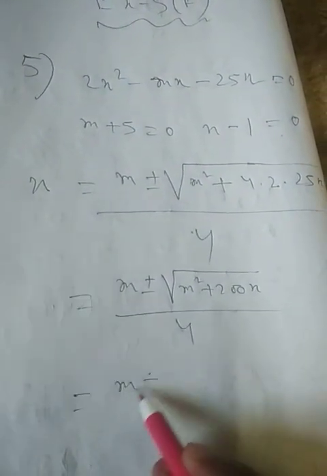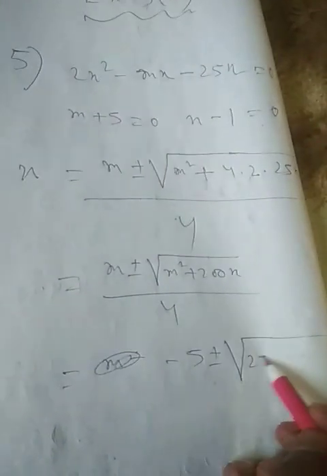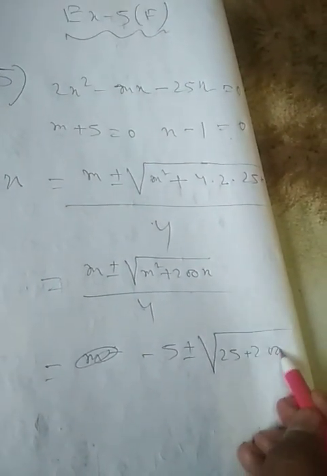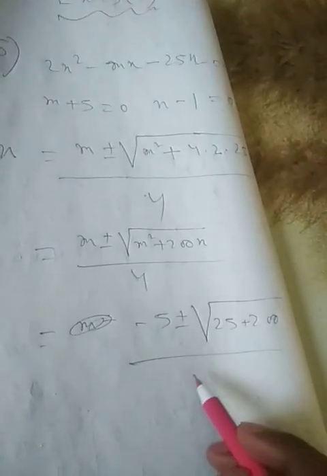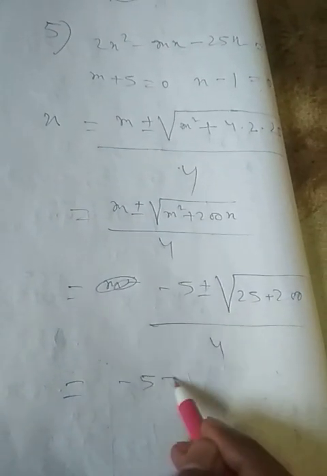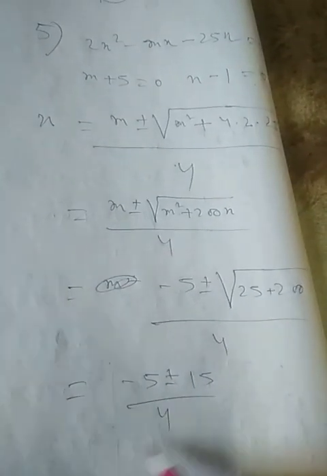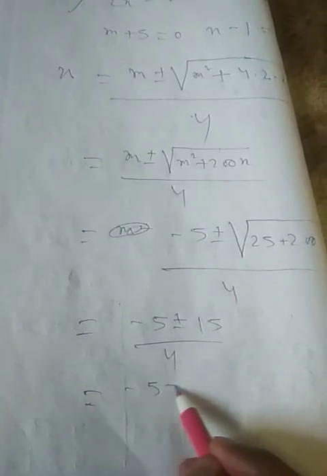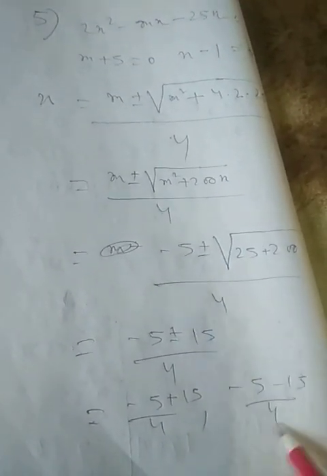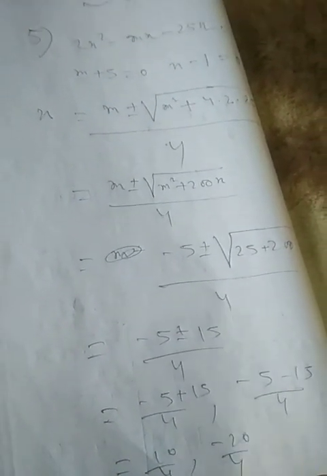So I can put the value here: m equals minus 5, plus or minus root over minus 5 square, that means 25. n equals 1, so that becomes 200. So I got minus 5 plus or minus root over 25 plus 200, root 225 is 15. So I got two answers: minus 5 plus 15 by 4, and the other answer is minus 5 minus 15 by 4. That is 10 by 4, and that is minus 20 by 4. These are the two answers.